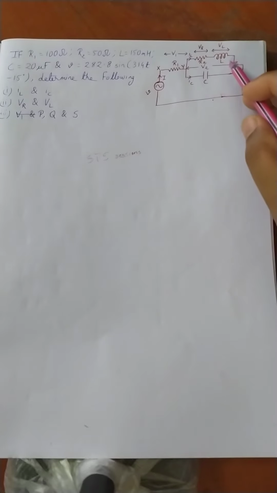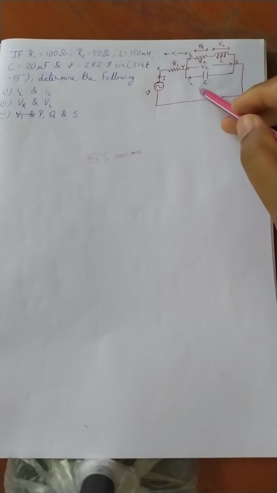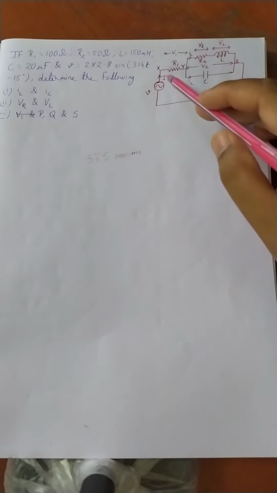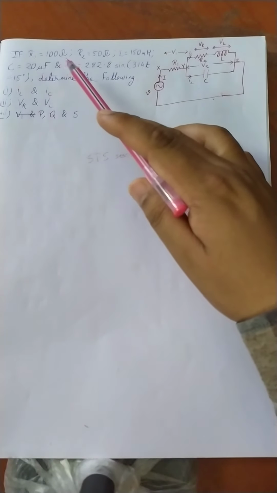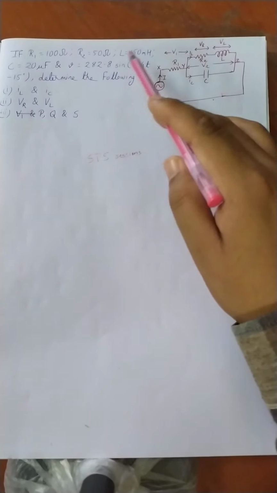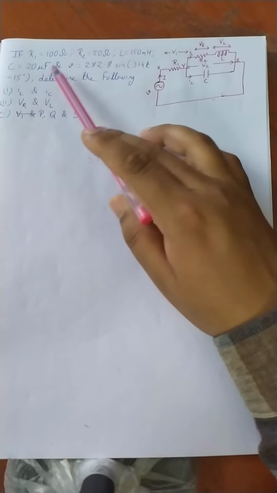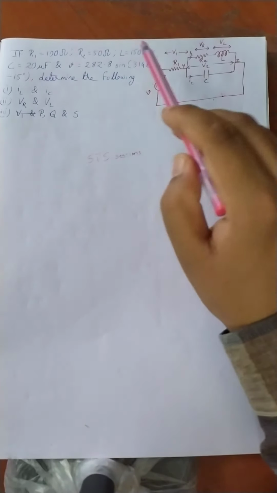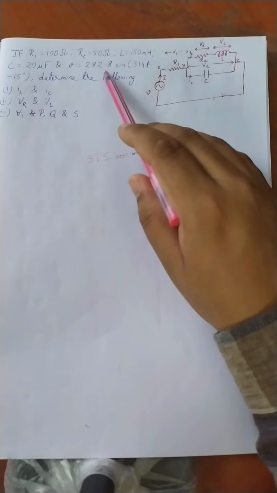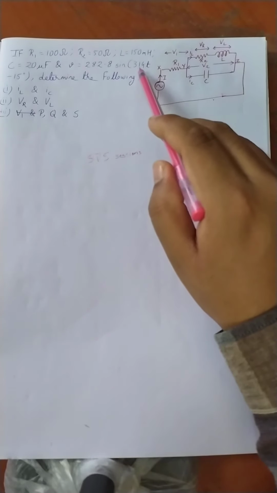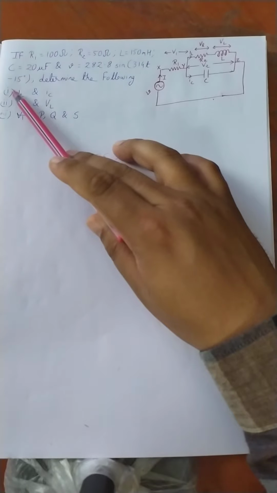So let us suppose I am having a circuit something like this one. I am having R and L in parallel to a C, and the entire combination is in series with the resistance R1. The values given are R1 equal to 100 ohm, R2 equal to 50 ohm, L equal to 150 millihenry, C is 20 microfarad, and V, the applied voltage, is given as 282.8 sin(314t minus 15 degree).